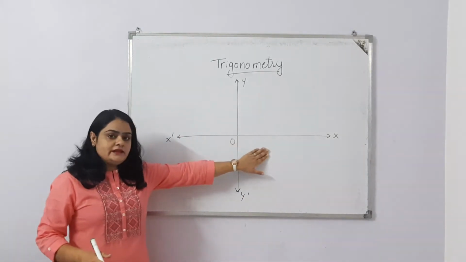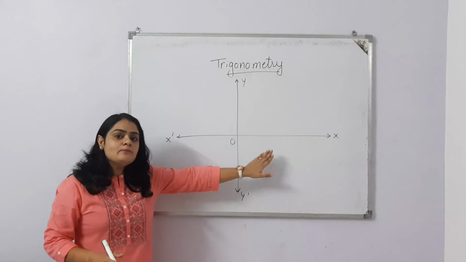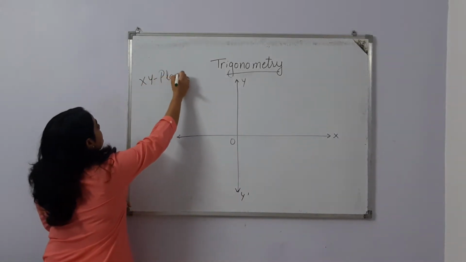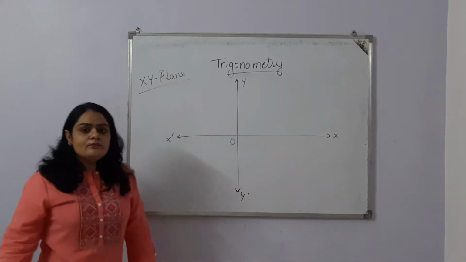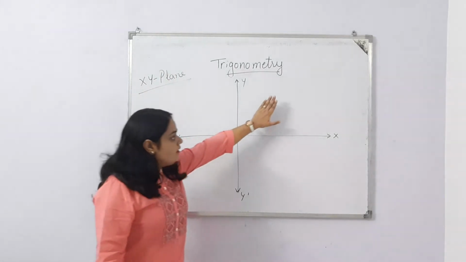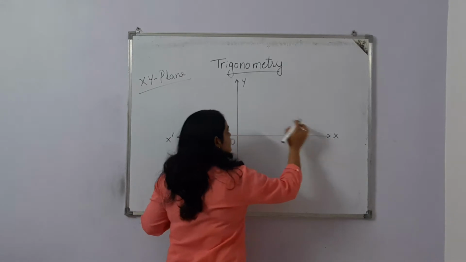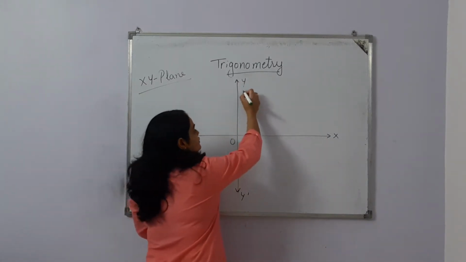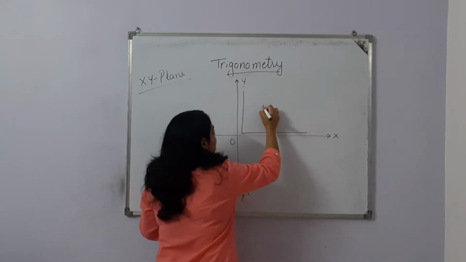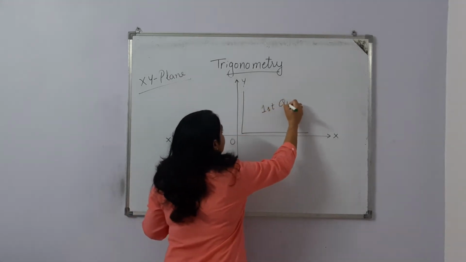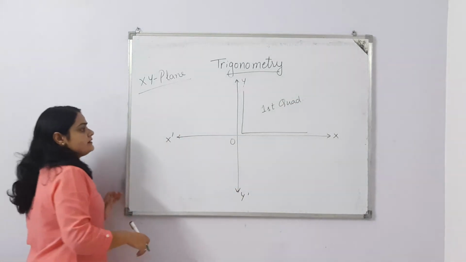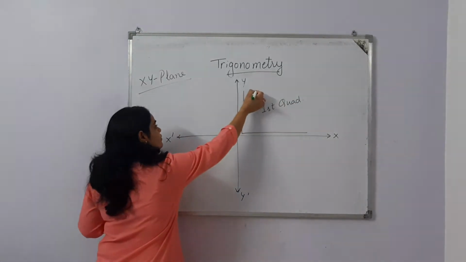This is the xy plane. Now, this is the positive side of the x-axis and the positive side of the y-axis. So this portion is your first quadrant.